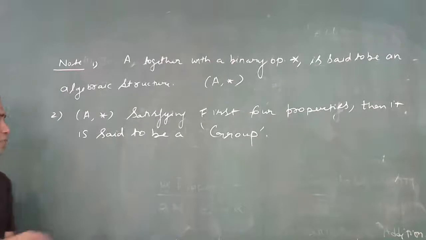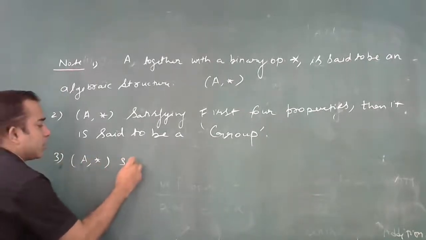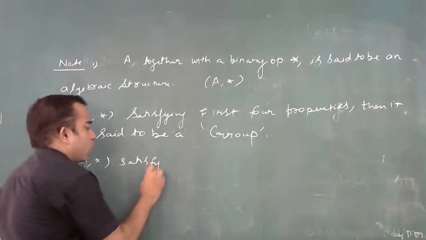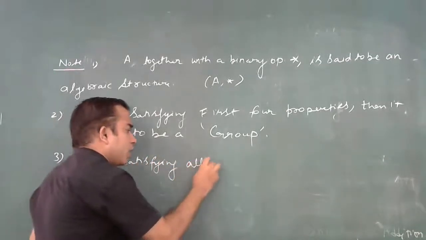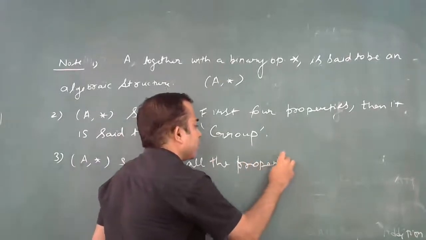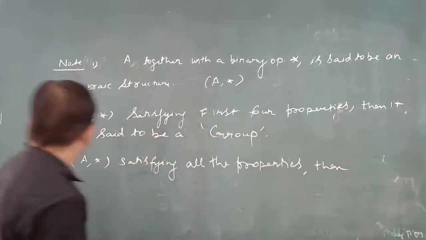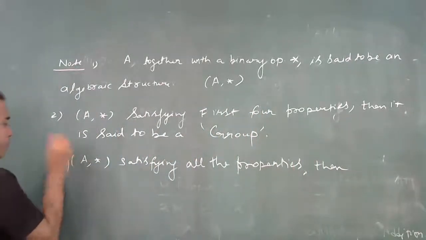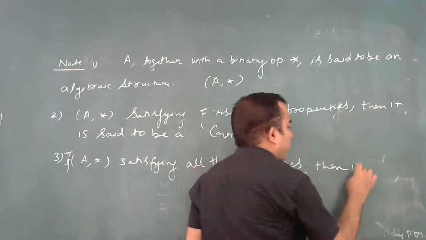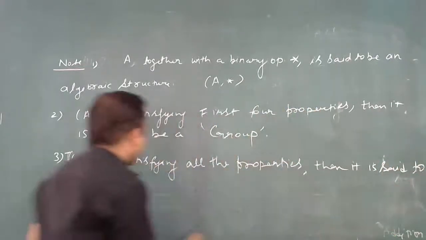Commutative law भी अगर satisfy करता है, A star satisfying all the properties means that also if it satisfies, then it is said to be an abelian group.